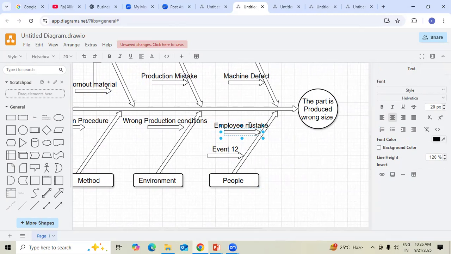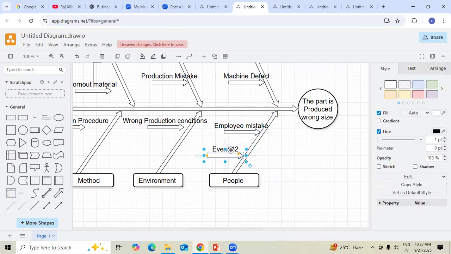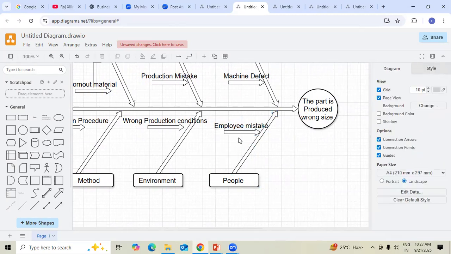It can be an employee mistake. So due to the employee mistake, what could happen? Because of the employee mistake, it could be a mistake with the machine, right?